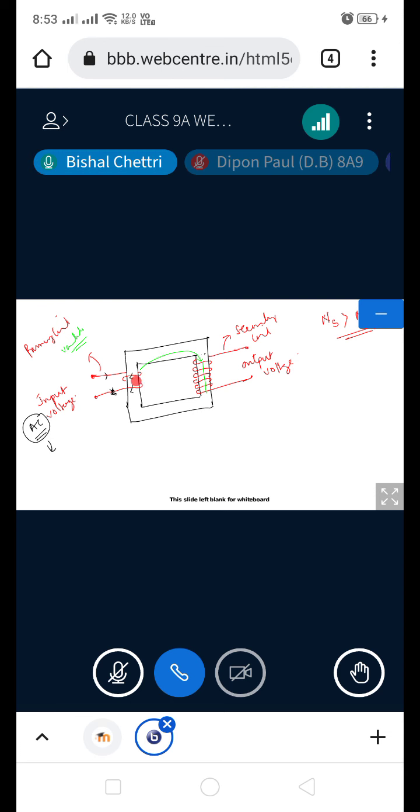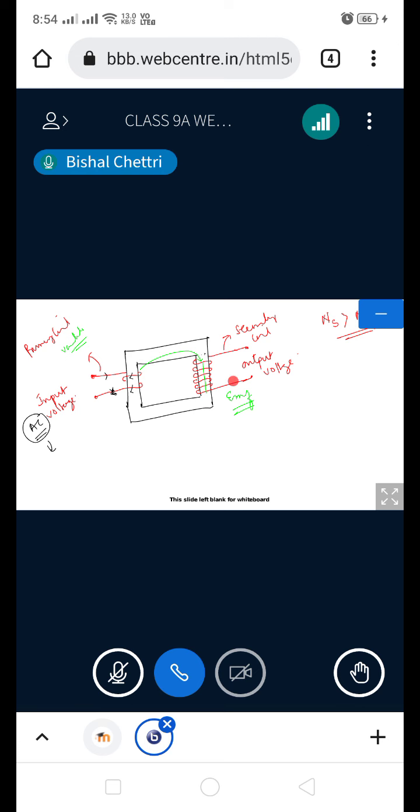So if it is changing in direction, the magnetic field lines over here will be changing continuously, or not? Yes, sir. So if there is a change in the magnetic field lines, then what will be induced over here? EMF. EMF will be induced in the secondary coil.